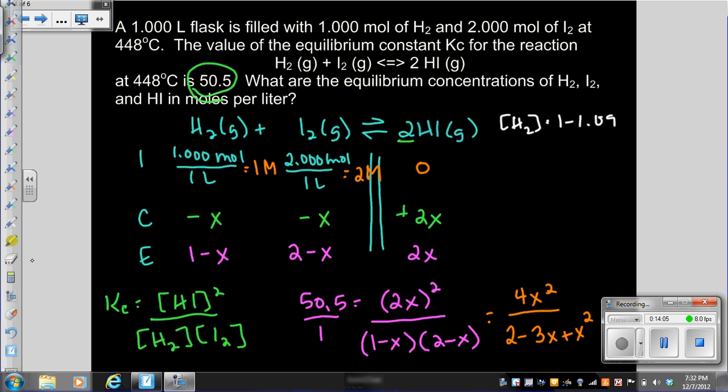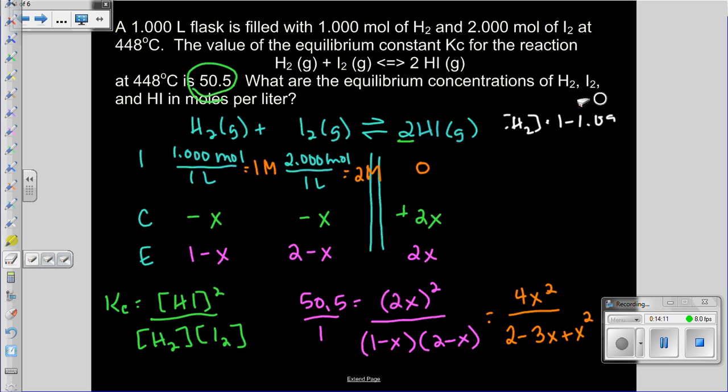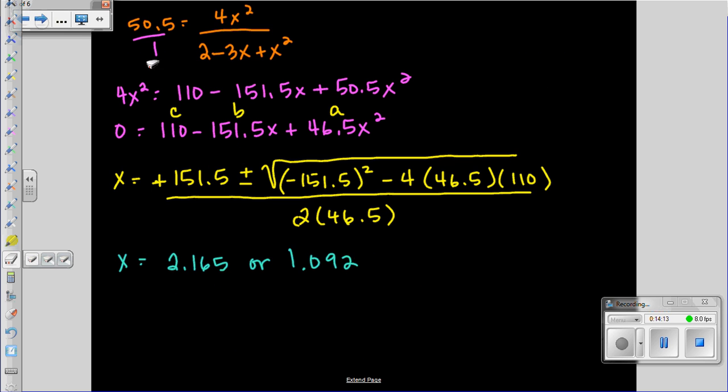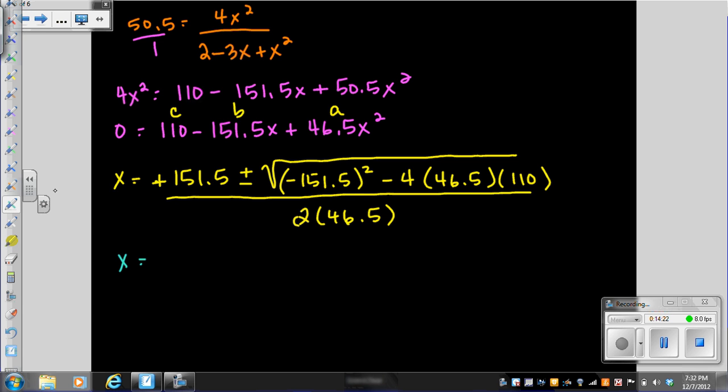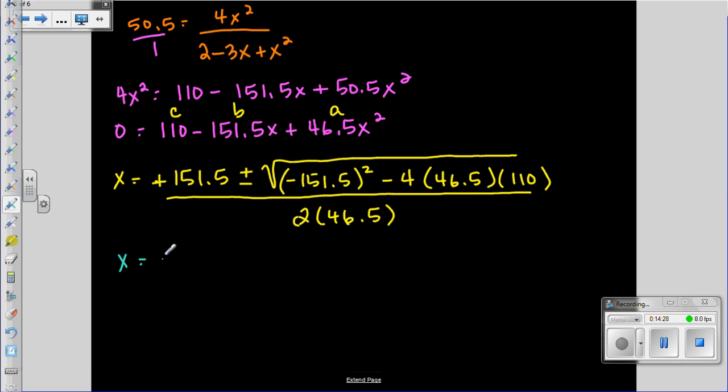Okay, so I just said something was really, really wrong because I knew I was going to get a negative here as well with both of my numbers. So that tells me that these numbers were not correct, and I need to go back and redo this math. When I do it correctly, the two answers I get are 2.323 or 0.935.